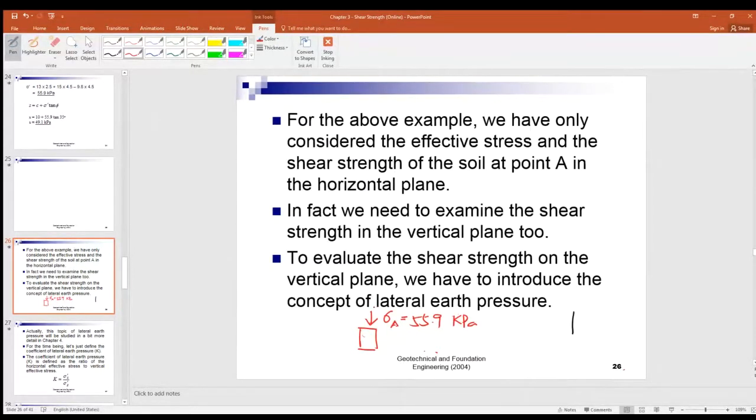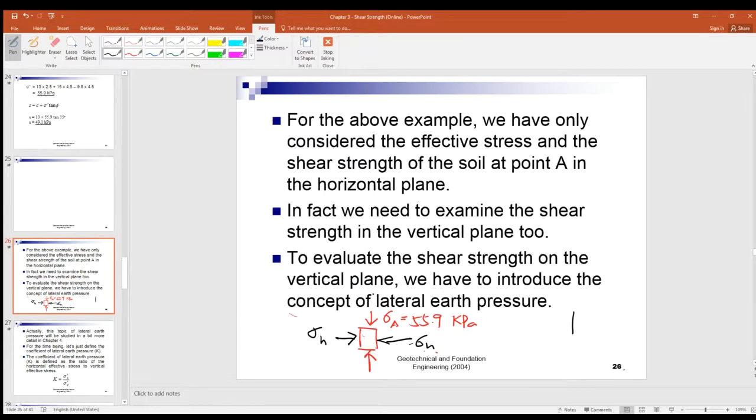So we have evaluated the shear strength due to the vertical stress only. But usually in a site, there should also be horizontal stress. In other words, it's not that simple.